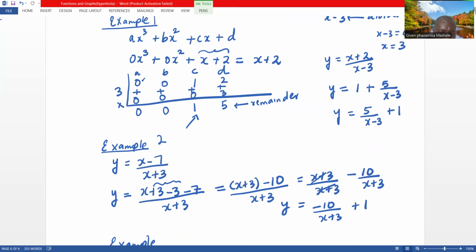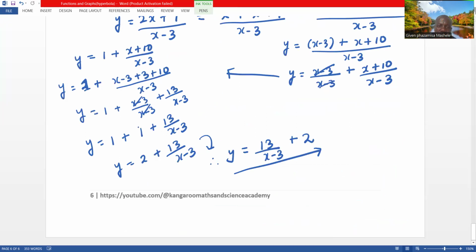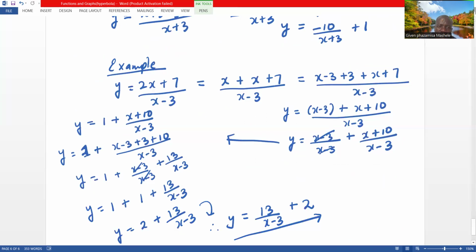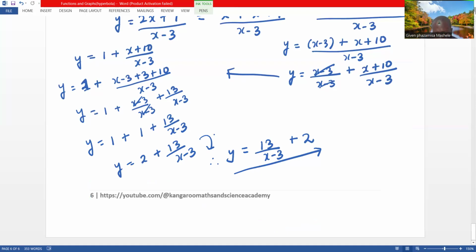With the same example, let's do example three. What if I do not want to use this? I will do this also. If I want to do this, I will just say, we use the long division method, synthetic division, I mean to say. It's 2x plus 7 divided by x minus 3.